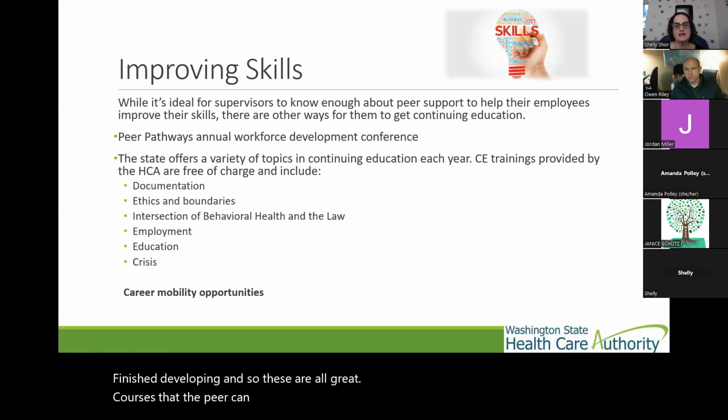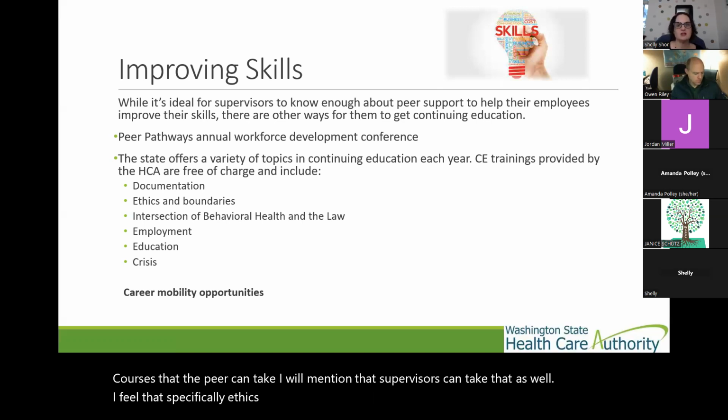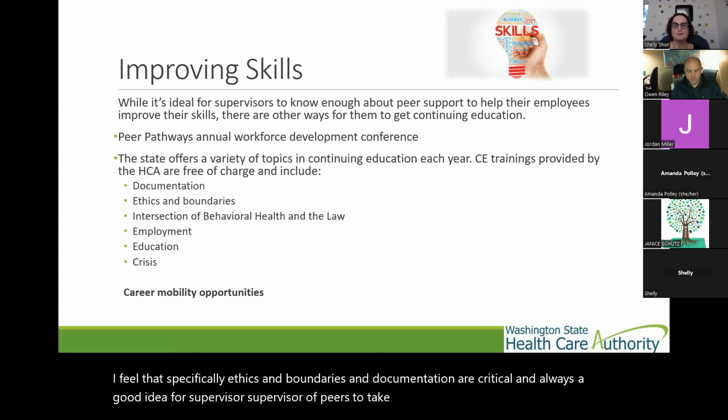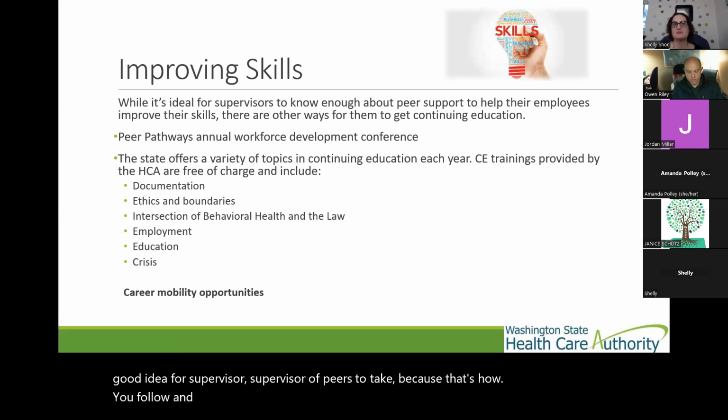I will mention that supervisors can take that as well. I feel that specifically ethics and boundaries and documentation are critical and always a good idea for supervisor of peers to take, because that's how you follow and can support the peers in propelling their skills. And so it's highly recommended.